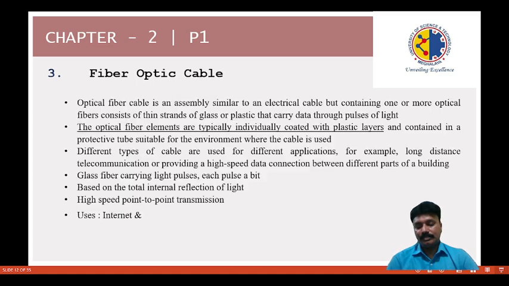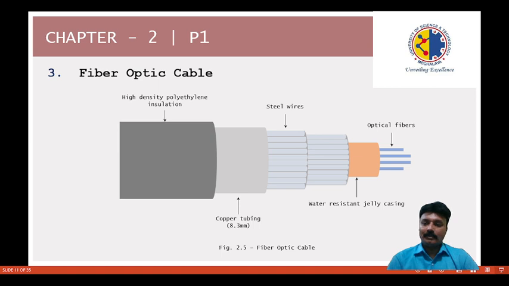Normally we know that the speed of light traveling in a vacuum is 3 into 10 to the power of 8 meters per second, which is 3 lakh kilometers per second.